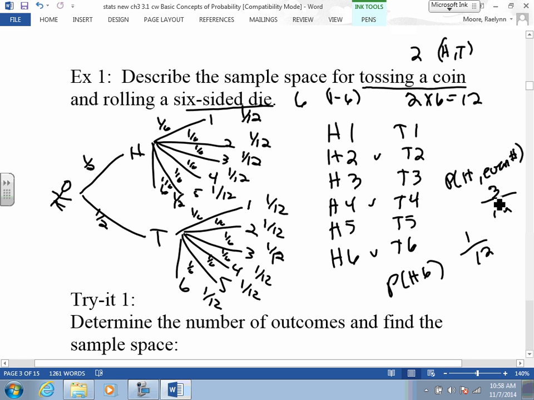Okay, here's one. What is the probability that I toss a tail and a prime number? 3 out of 12. Which number is prime?